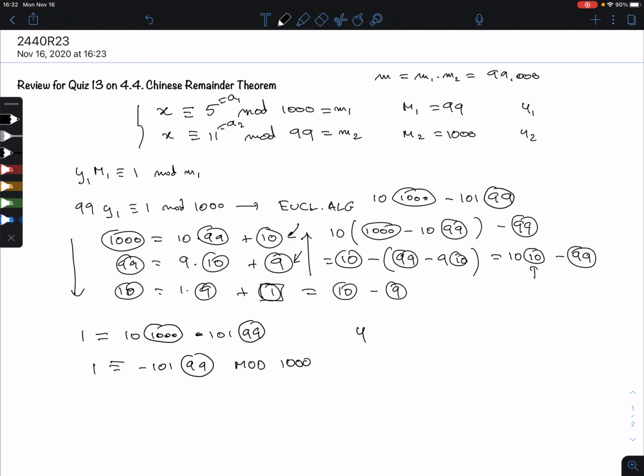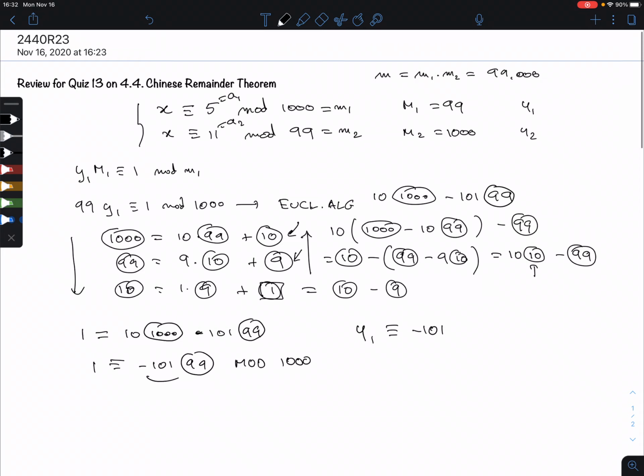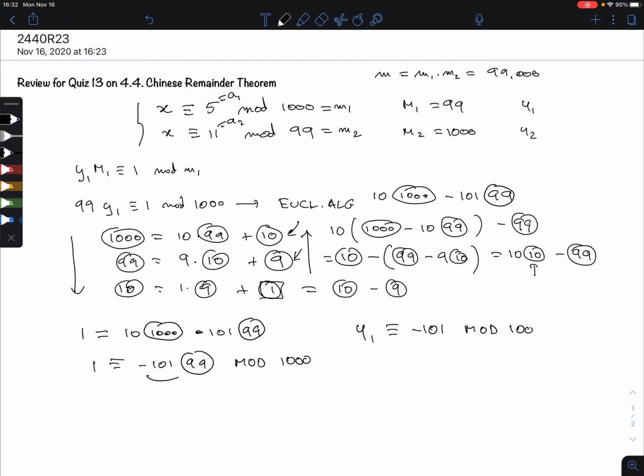So this tells me that y1 is equivalent to minus 101. That's the inverse here, mod 1,000. Now, it is necessary for this thing to work well that we need the y1 to be the actual remainder.